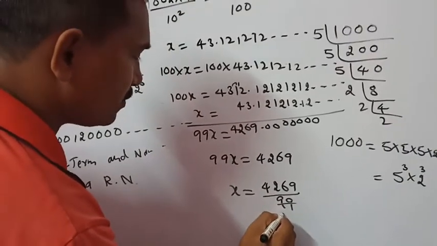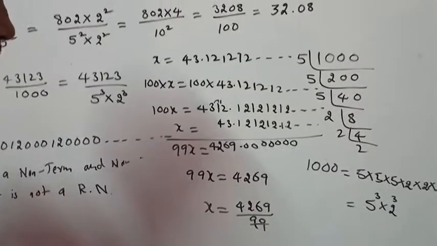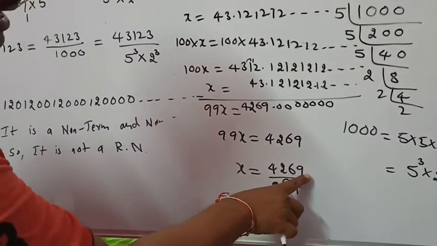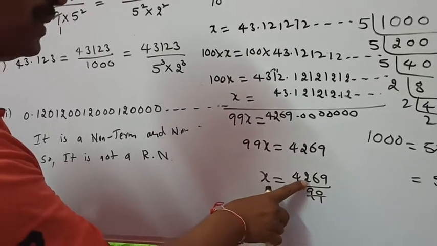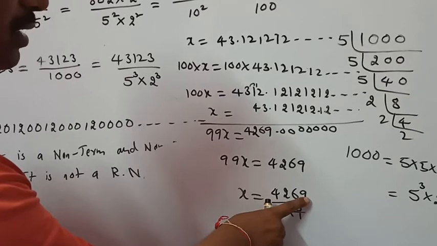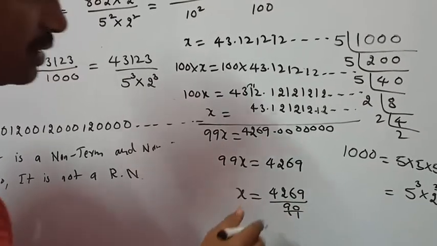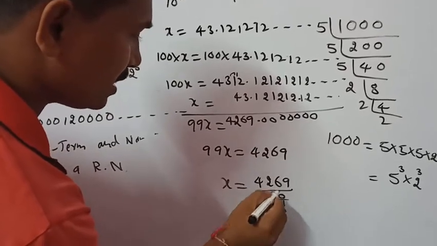So this we can simplify. See here the numerator. What is the divisibility rule of 3? If the sum of the digits is divisible by 3, then the number is divisible by 3. Here 4 plus 2 is 6, 6 plus 6 is 12, 12 plus 9 is 21. 21 is divisible by 3, so the number is divisible by 3. 3 3s are 9, 3 1s are 3, 3 4s are 12, 3 2s are 6, 3 3s are 9.